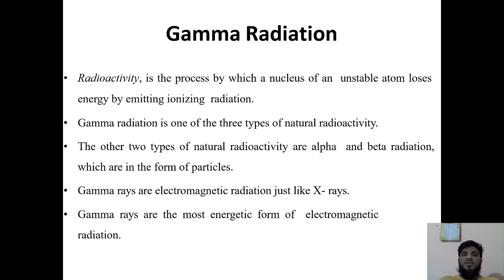The other two types of natural radiation are alpha and beta, which are in the form of particles. The gamma rays are electromagnetic radiation just like X-rays.